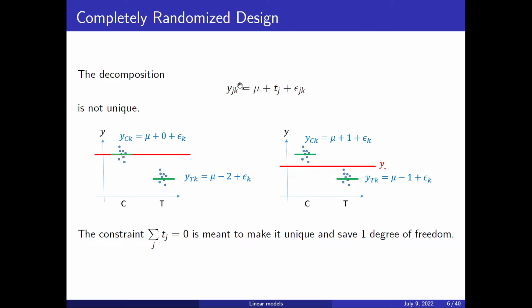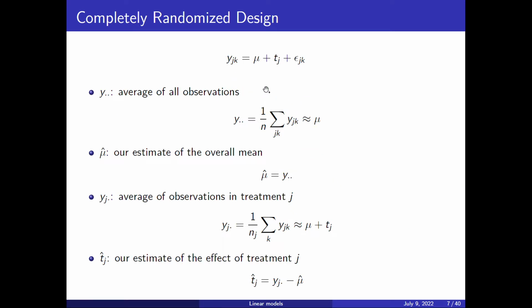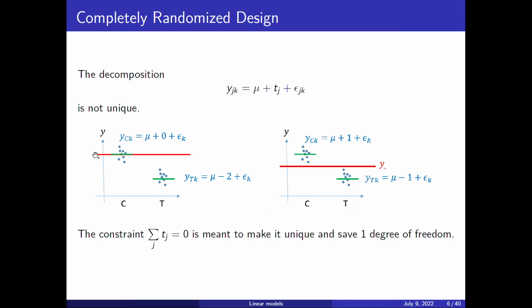The problem is that this decomposition is not unique. As humans, we tend to think in this way. Let's say that all our 1,000 people are patients with high blood pressure.